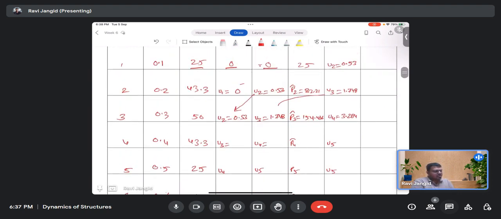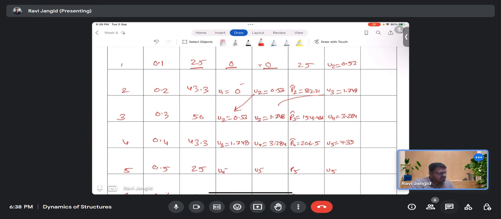So u3 would be same as in the previous step, that is 1.748. Okay. u4, that would be 3.284. So using that, if I calculate P4, that would come out to be 206.5, and using that my u5 is coming out to be 4.39.